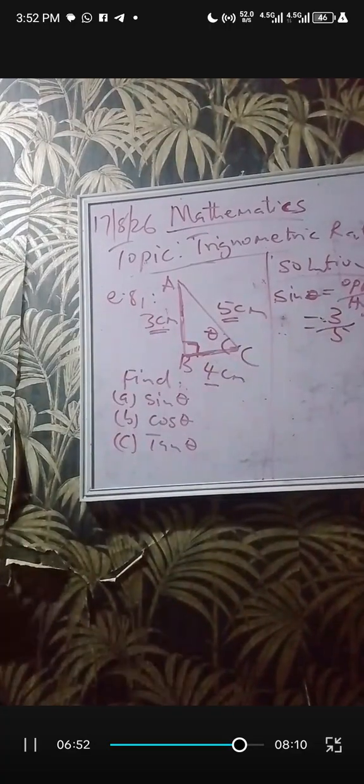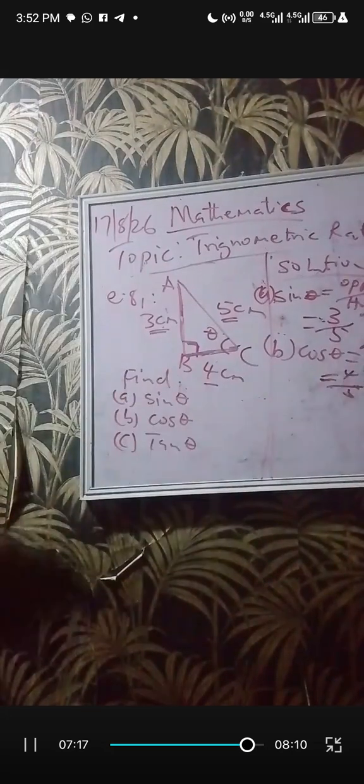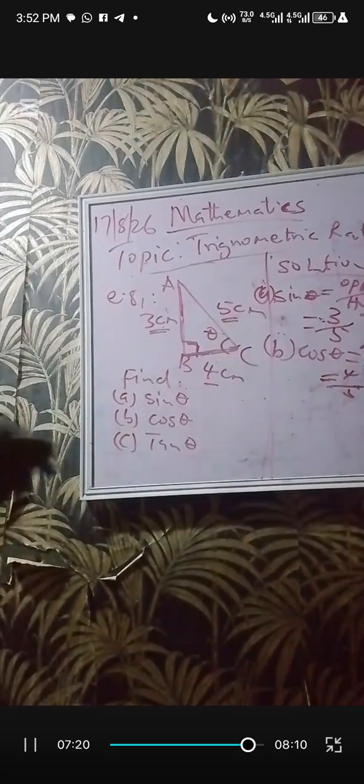Opposite here is 3, over hypotenuse, which is 5. Then that is A. Then our B, cos theta, is equal to adjacent over hypotenuse. Adjacent here is 4, while hypotenuse is 5. So cos theta here is 4 over 5.